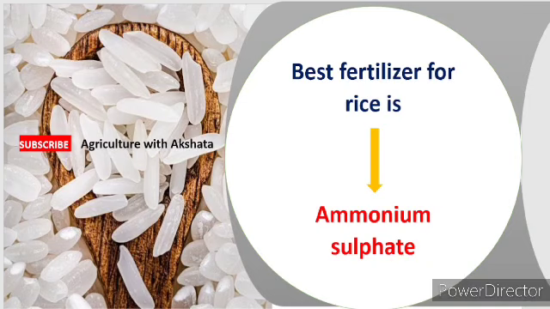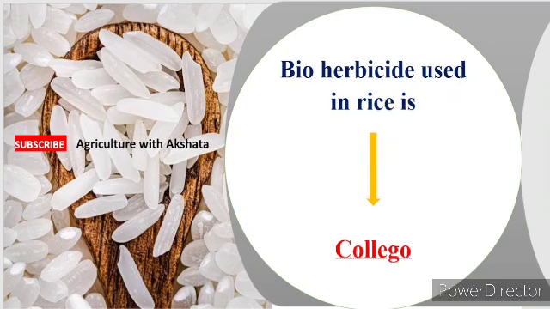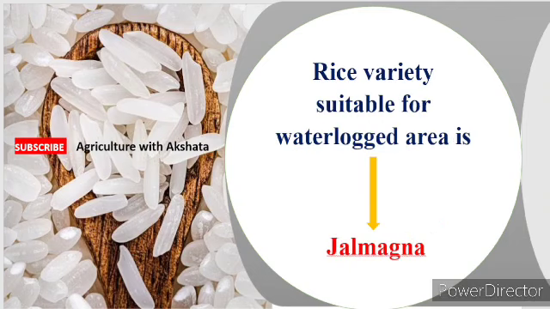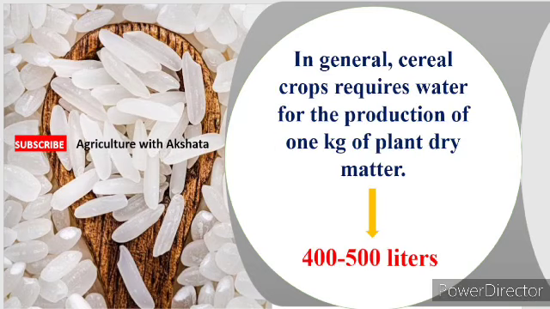The best fertilizer recommended for rice is ammonium sulfate. The bioherbicide mainly used in rice is Collego. Mutant varieties of rice are Jagannath and Sattari. A rice variety suitable for waterlogged conditions is Jalamagna.